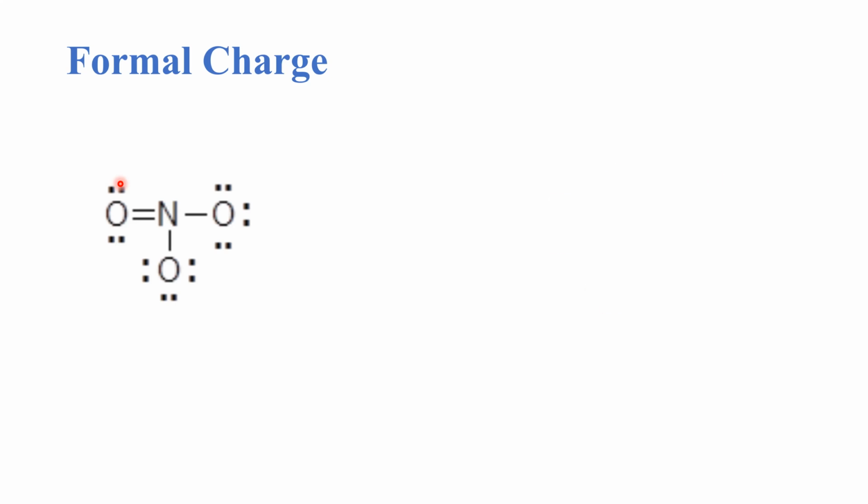After doing the calculation of the formal charge, we get that this nitrogen is carrying positive one, this oxygen is carrying negative one, and this oxygen is carrying negative one, right? That makes sense because this nitrogen is able to make three bonds at most, and it is making an extra bond.